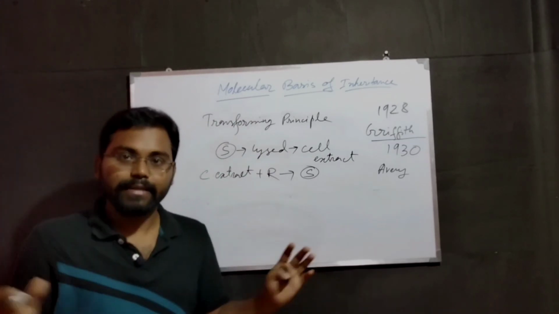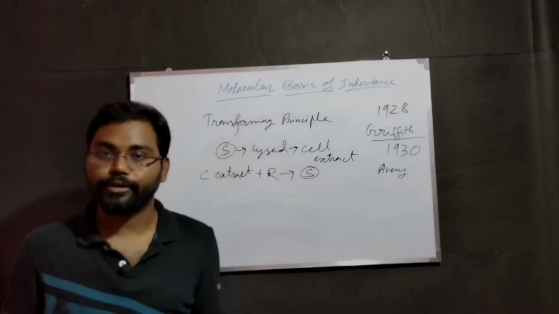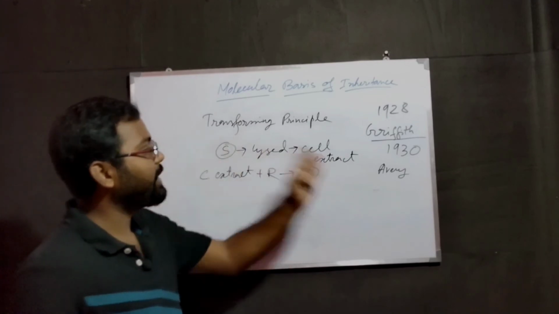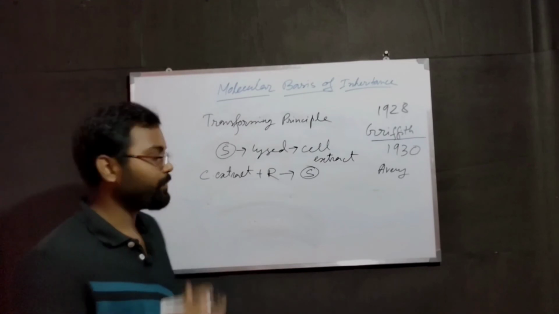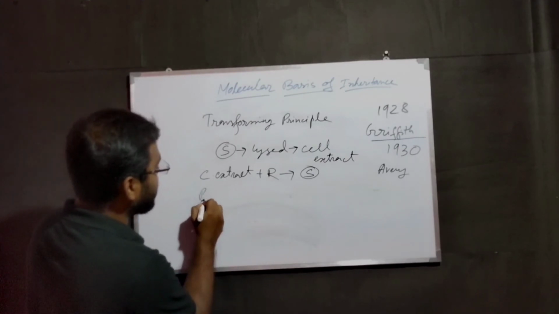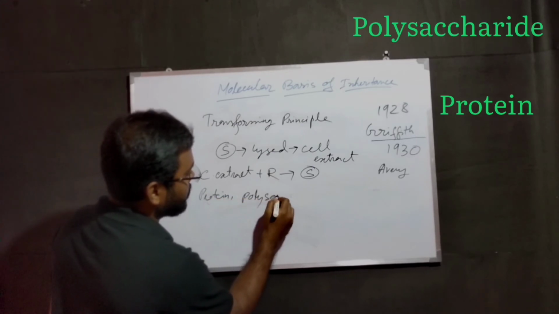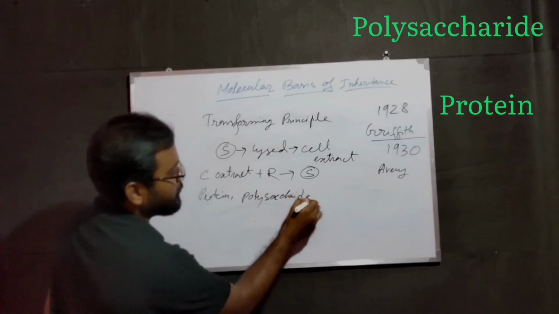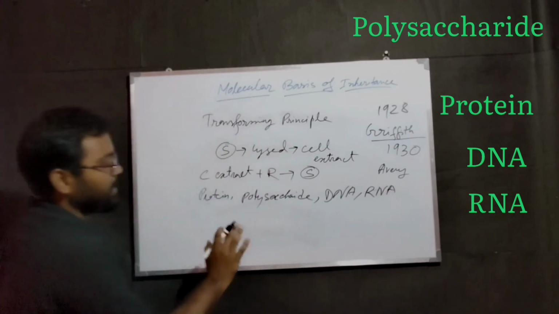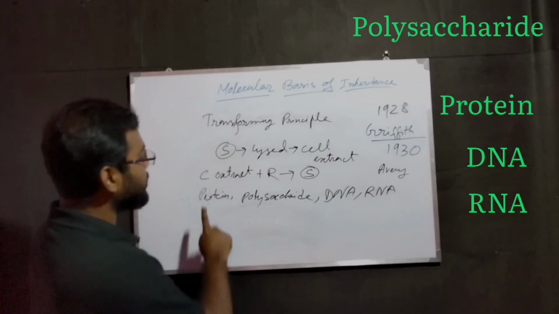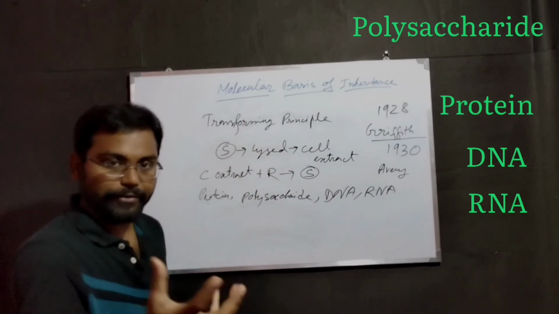Avery and his colleagues knew that the cell extract has some macromolecules that are actually the transforming principle. What were the macromolecules? Protein, polysaccharide, DNA, RNA. They knew that one of them is the transforming principle, that means the genetic material.